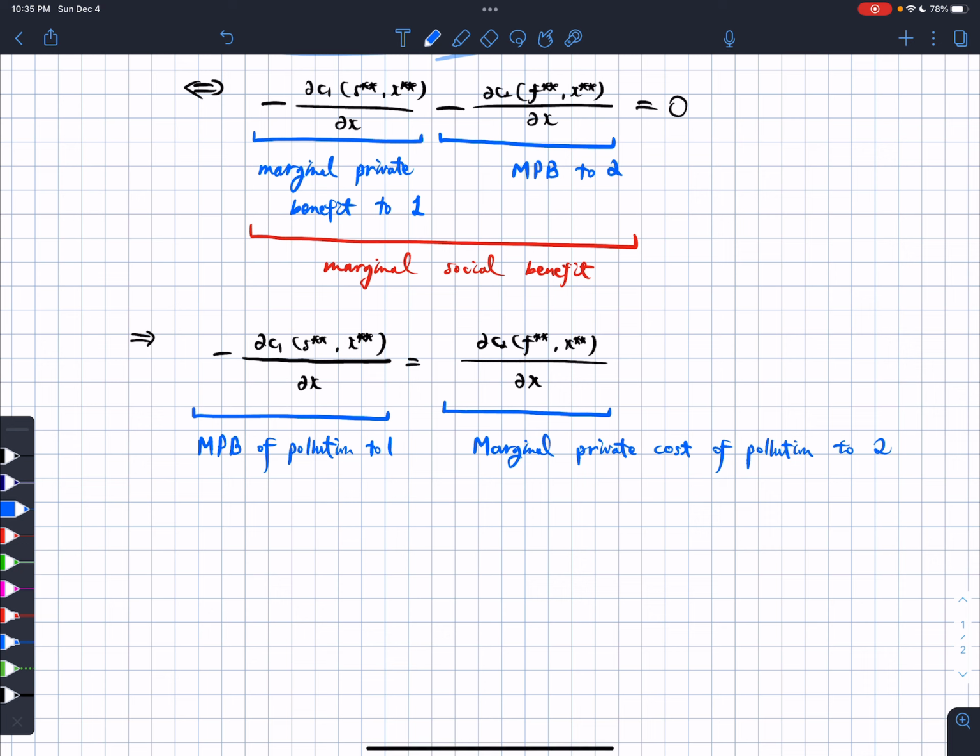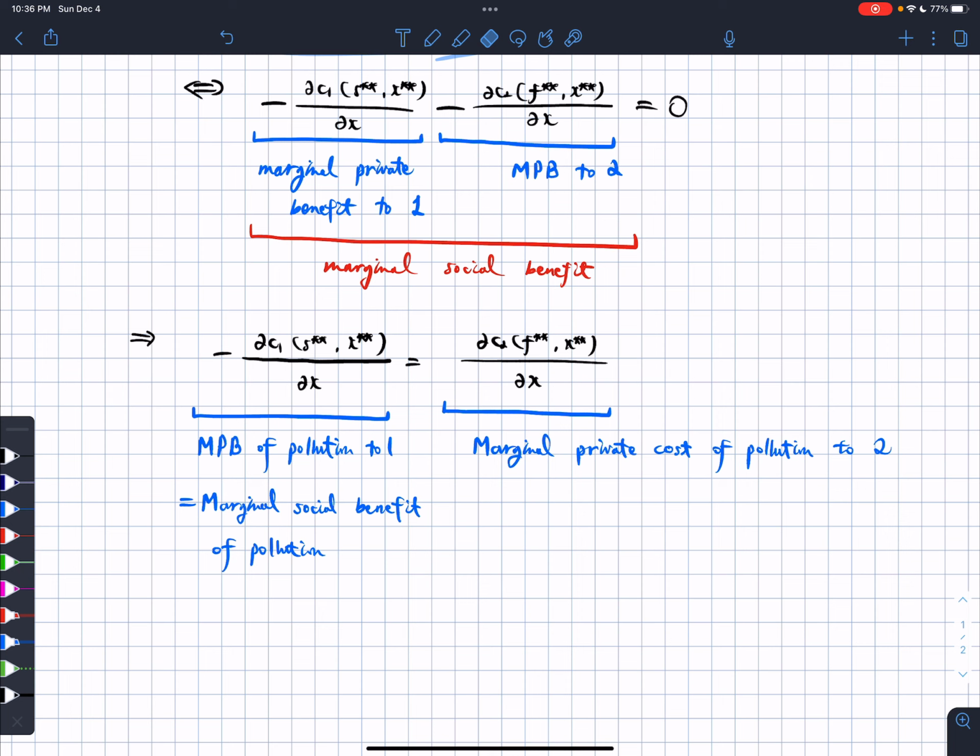But if you view the whole thing from the society's perspective, this one can be viewed as the marginal social benefit of pollution to the society, so I don't have to specify whether it is from 2 or from 1.